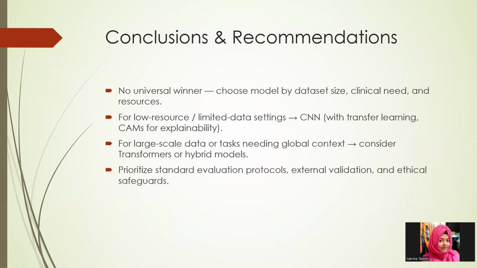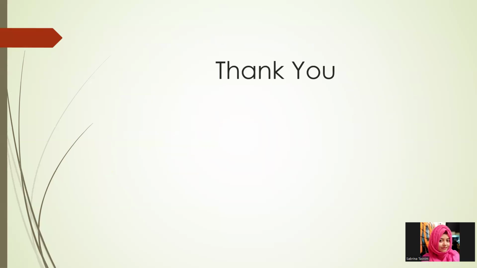Model selection should depend on dataset size, clinical requirements, and available computational resources. For practical healthcare deployment, methodological transparency, standardized evaluation, and ethical safeguards must be prioritized. So this is all about my task.